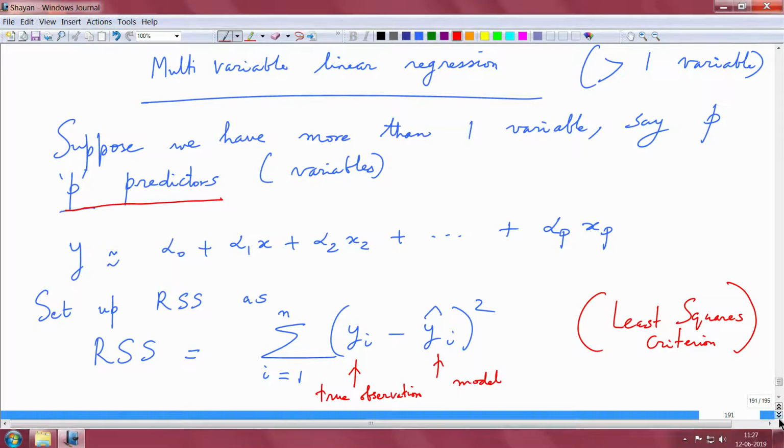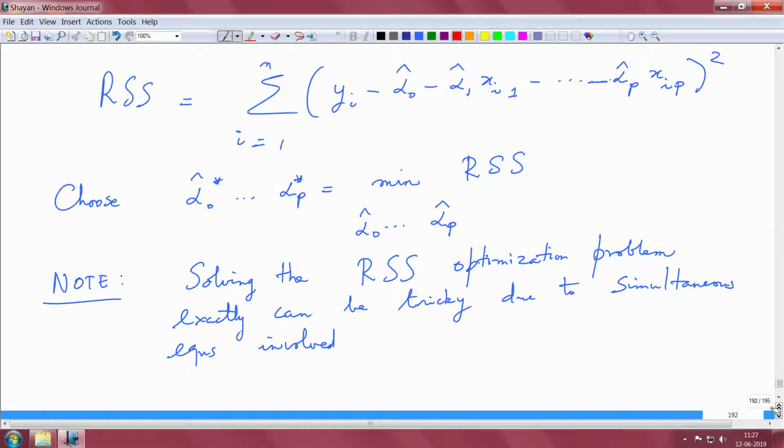Now we do the simplification, which is basically summation i equals 1 to n, where I just replace yi hat with this quantity, right. Since there is a negative sign sticking with respect to all the coefficients alpha naught hat, alpha 1 hat, etc. Now the goal of the problem would be to minimize the residual square sum with respect to the parameters alpha naught hat, alpha 1 hat, so on till alpha p hat, right.